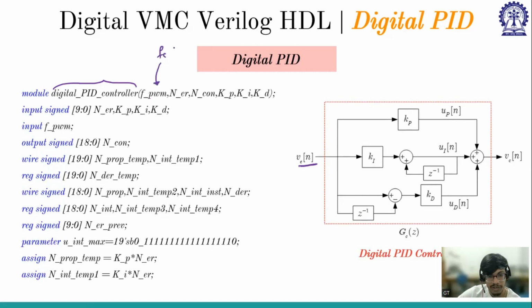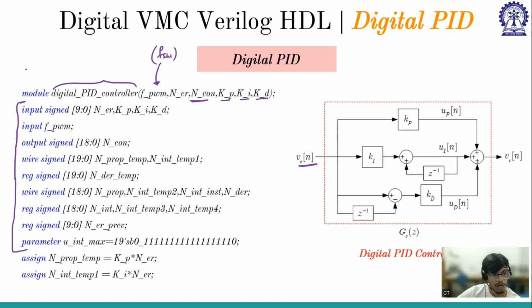This Z inverse will update once in a cycle, so it should be updated with the new UI of n, once in a cycle with respect to this FPWM. And then ncon is the output, and Kp, Ki, Kd are the parameters that we are going to use. So again, the inputs and outputs are defined from here till here.